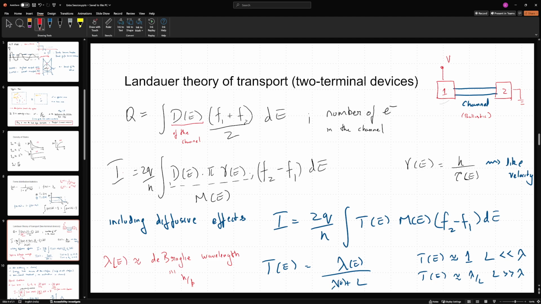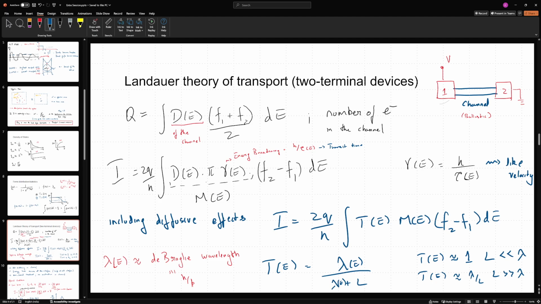The current across the channel is given by D of E times pi times gamma of E. Here gamma of E is the energy broadening. So this is equal to h divided by tau of E, where tau of E itself is the transit time through the channel.